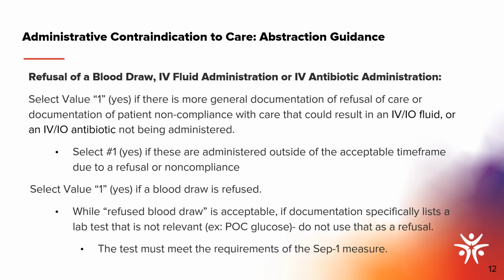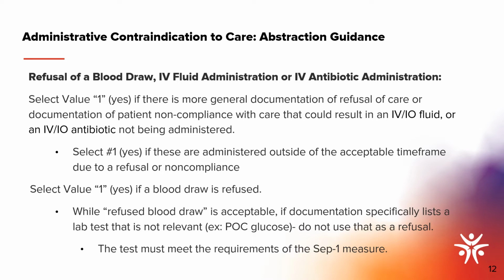This applies to severe sepsis and septic shock, and some of the reasons could be the patient's extremely combative and the staff can't render treatment, pulling out IVs, refusal of IVs, refusal of a central line, refusal of pressors. Any of those would qualify as refusal of care, and you could select value 1 and exclude the case from the measure.